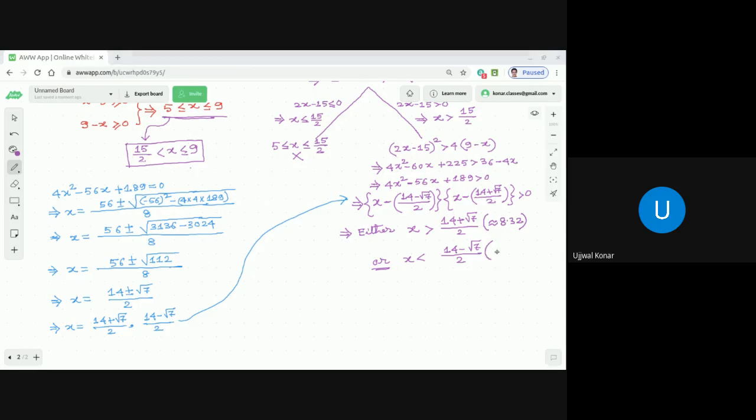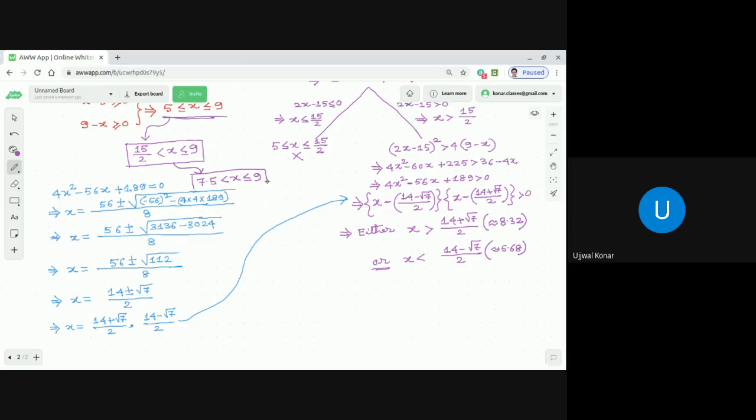And if you find 14 minus square root of 7 by 2, it is approximately 5.68. Correct, no, dear students? But if you see from these solutions, 15 by 2 means 7.5. So 7.5 is less than x less than or equal to 9.